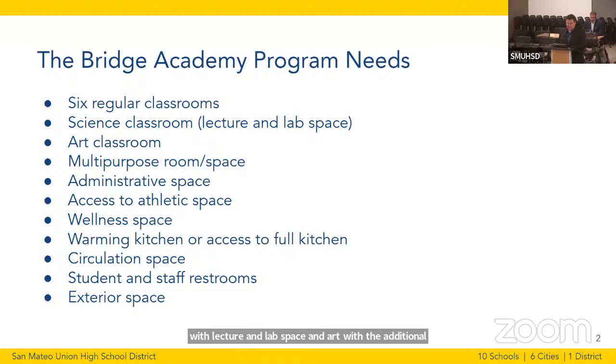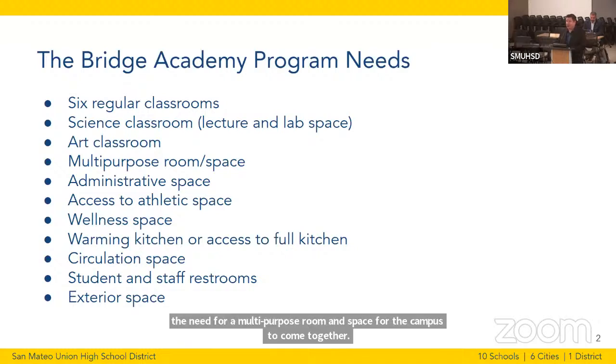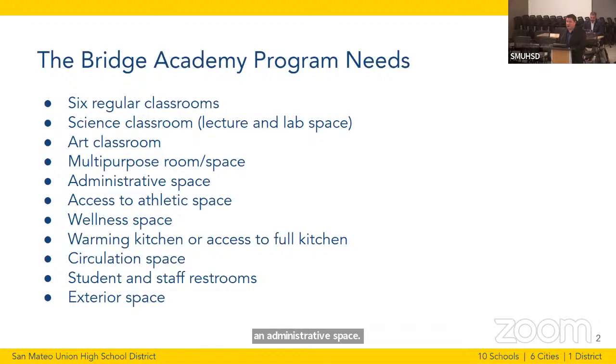Also, the need for a multi-purpose room and space for the campus to come together, an administrative space, access to athletic space, a wellness space, as well as the other logistical space of running a school of that size.